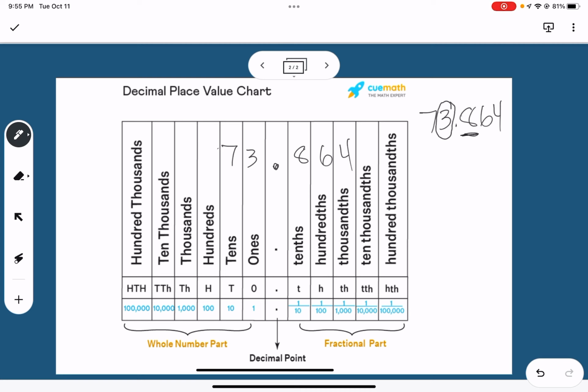So this is the one we look at. Is it 5 or higher? Yes. So then we are supposed to bump this one up because this number is 5 or higher. And then remember, you don't have to write anything else after, right? Ta-da! So 74. If you did 74.0, you would not be wrong. It's the same thing as 74, but it's not required, okay?